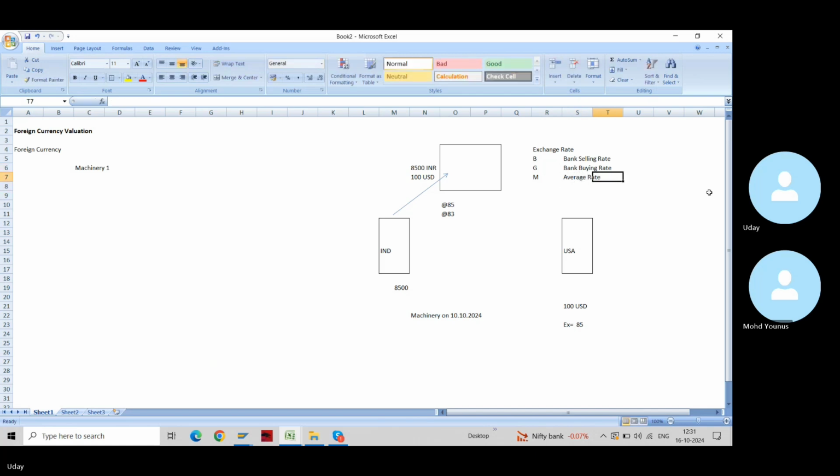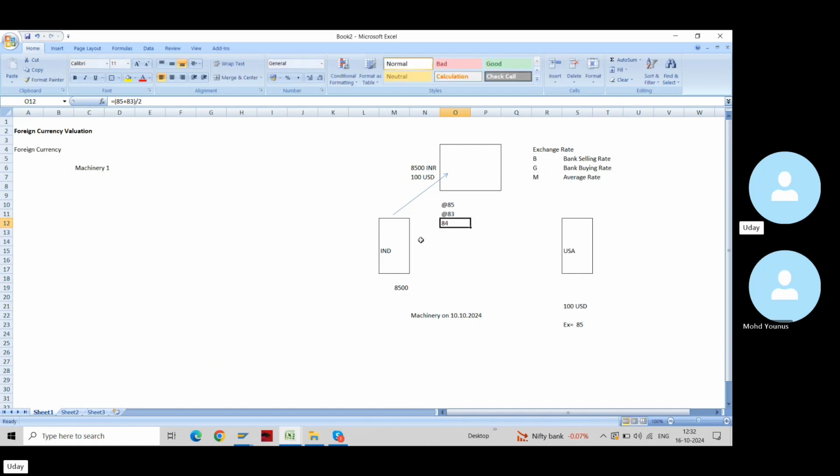Let's assume 85 plus 83 divided by 2. Summing up and dividing by 2, that will be your average rate.